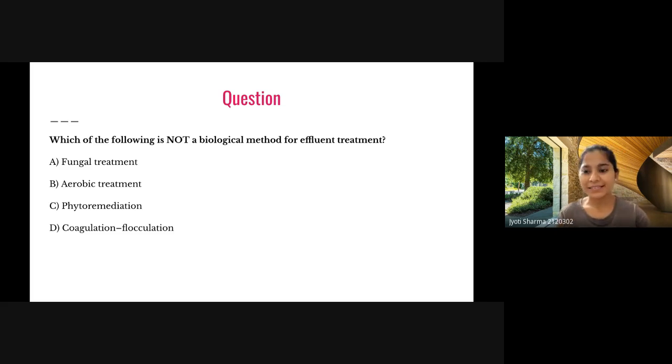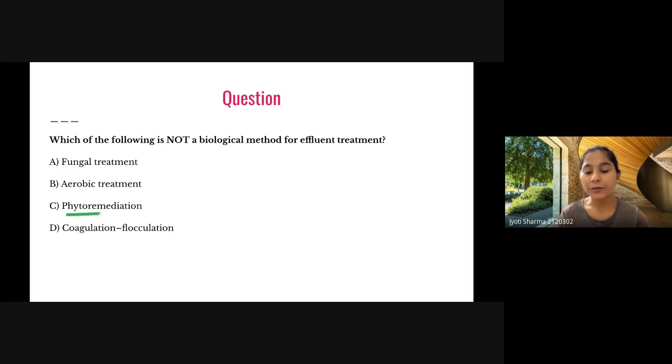I think this is the easiest one, because in the last to last slide we were discussing coagulation and flocculation. Yes, coagulation and flocculation was part of the physiochemical method, but it is not the biological one, right?